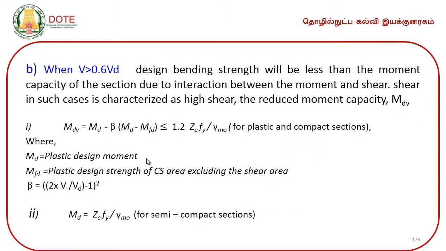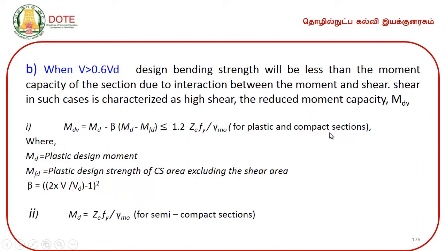When the design shear force exceeds 60% of the design shear strength of the section, then the section is to be designed for the moment as well as shear. So, in that case, the reduced moment capacity is to be found by using the expression M dV is equal to M d minus beta times (M d minus M fd), which should be less than or equal to 1.2 times Ze Fy by gamma m naught for plastic and compact sections.